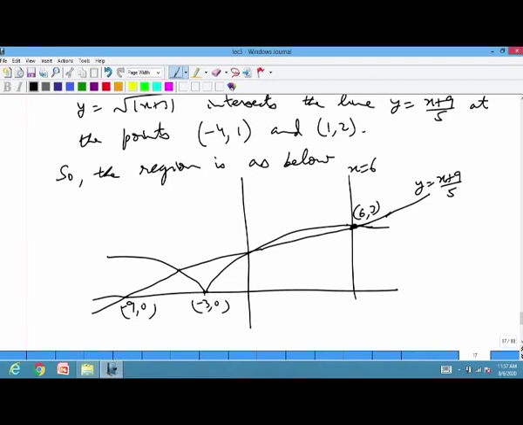So, the region is this region that we have to find the area, and these points are (minus 4, 1) and another point of intersection is here, which is (1, 2). This part is y equal to square root of (x plus 3), and this is y equal to square root of minus (x plus 3).